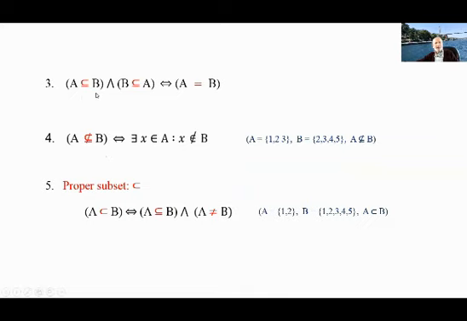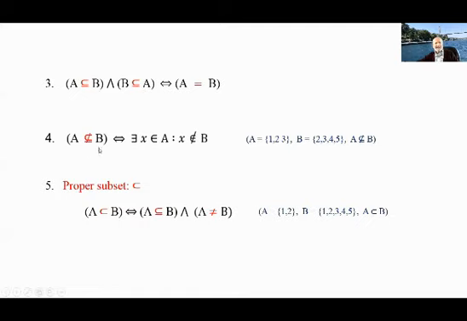If A is included in B and B is included in A, then A is equal to B. So down the road, if you want to prove that two sets are equal, you need to prove two things: A included in B and B included in A.